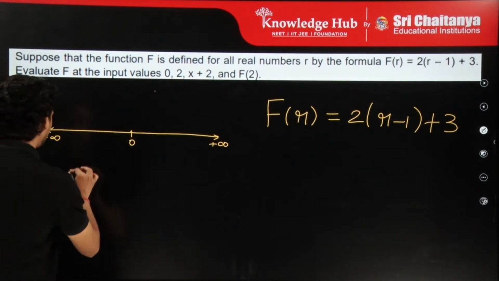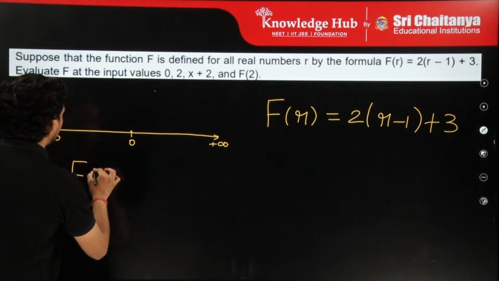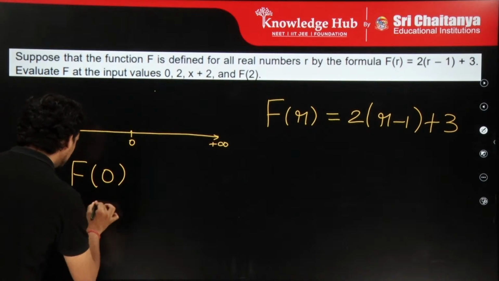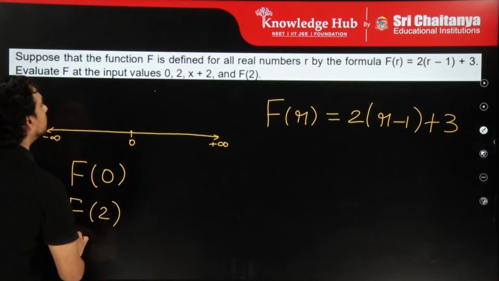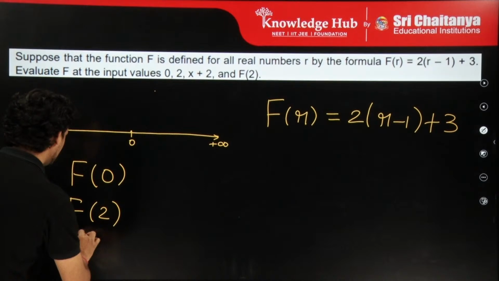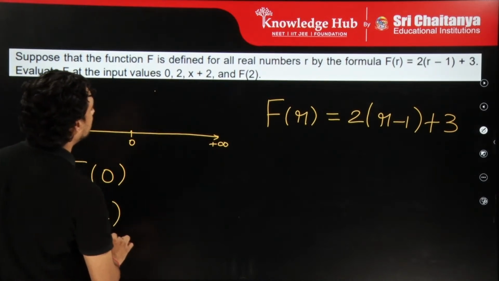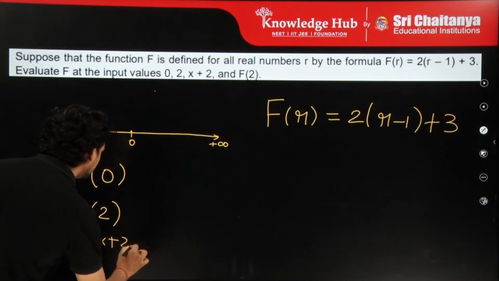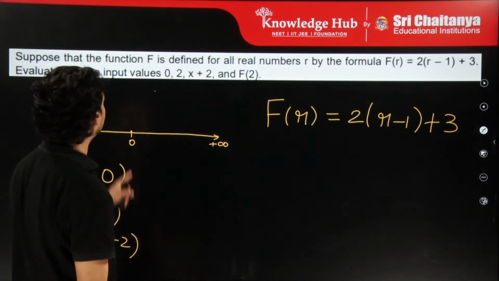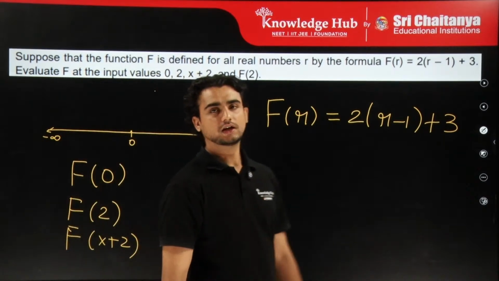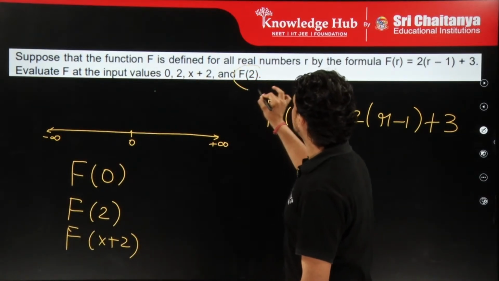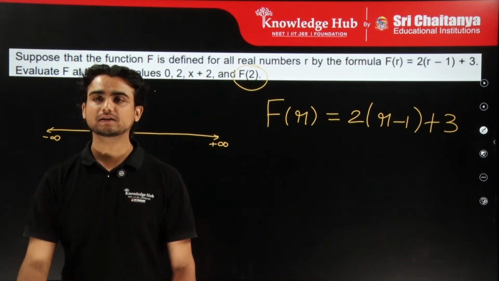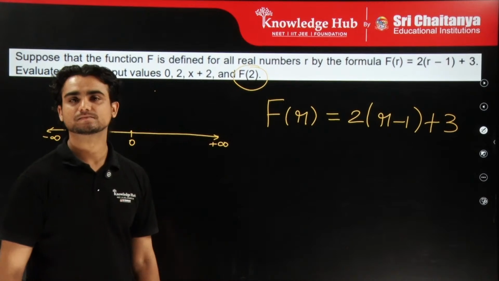So he wants to find the value of f for input 0, for input 2, and for an input x plus 2, that is f(0), f(2) and f(x + 2). We'll come back to this after I teach you one more topic.